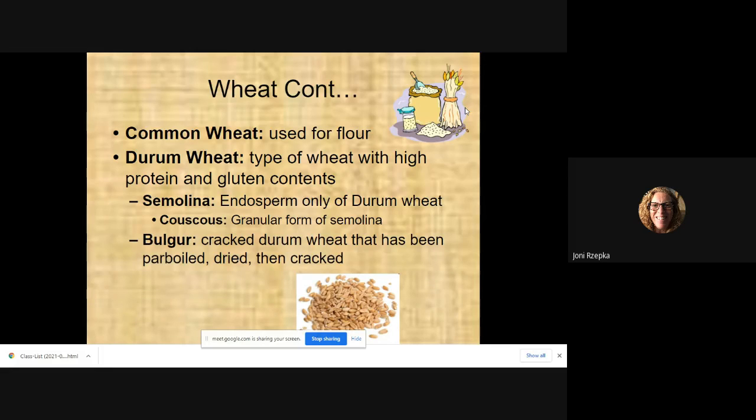And then you have bulgur, which they talked about on the video, which is cracked durum wheat that has been parboiled, dried, and then cracked. And then spelt, which is a type of wheat. And there's a picture there of spelt. That's what that picture is.